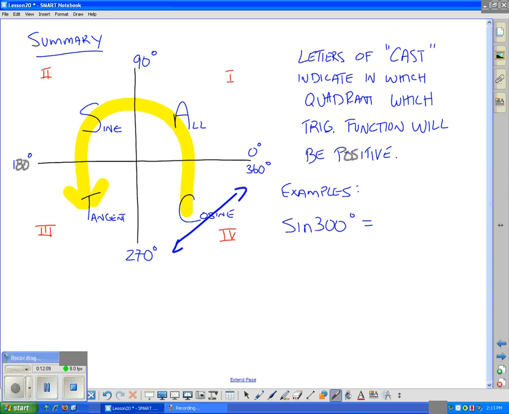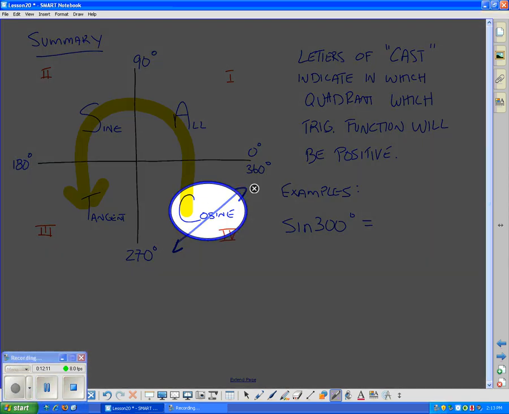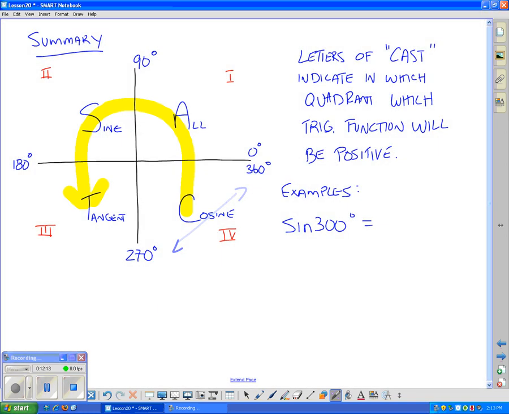I know that in quadrant 4, only the cosine function is positive. So that means that whatever I punch on the calculator, it will turn out to be a negative result. And now you can check this with your calculator. It actually works out to be negative 0.866 when you punch it in. I knew it was going to be negative before I even punched in the calculator.